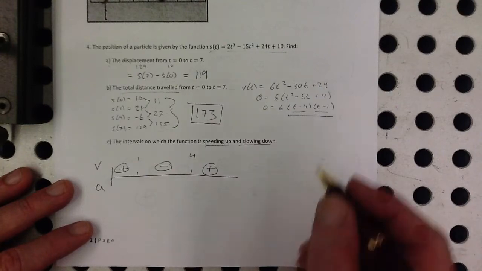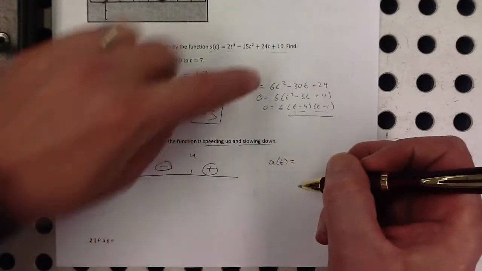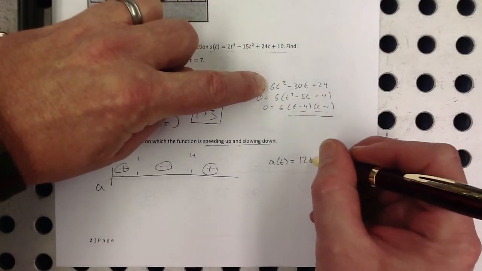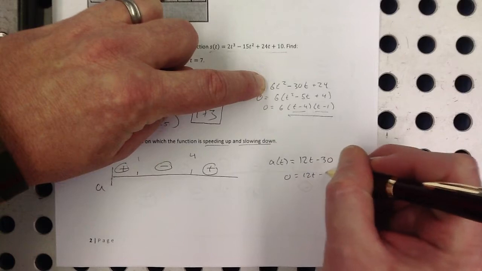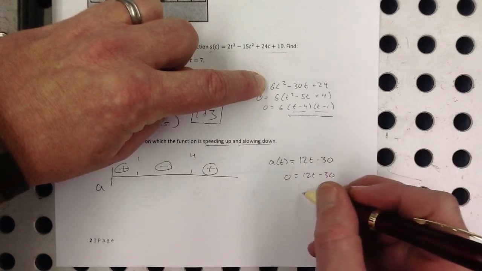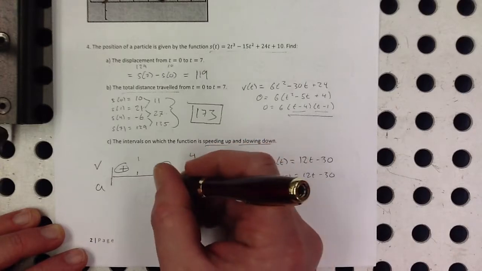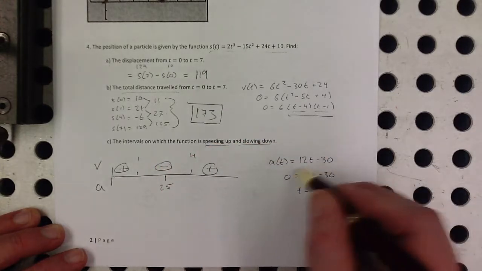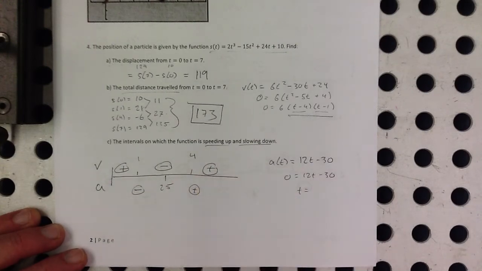And let's see, acceleration, the derivative of this, so that's 12t minus 30. If I set that equal to 0, looks like I get t is equal to 2.5. And that's just a straight line that goes from minus to plus.